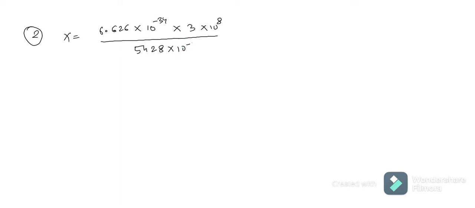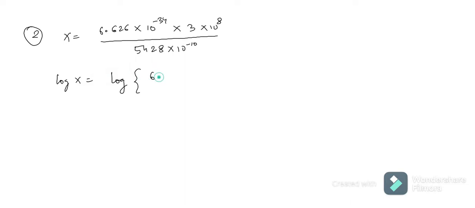Suppose a chemistry-type question is given: x equals 6.626 into 10 to the minus 34 into 3 into 10 to the 8 by 5.428 into 10 to the minus 10. Suppose we have to compute this. So how are we going to write it? Take log both sides.